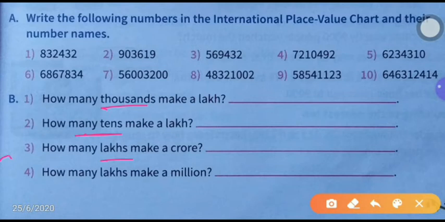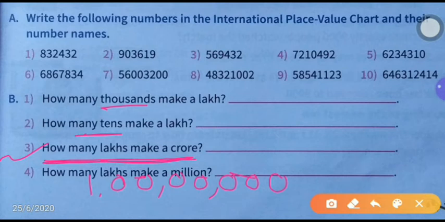Next, see the third one: how many lakhs make a crore? For that we will write 1 crore first. In 1 crore how many zeros are there? Seven zeros. And in 1 lakh how many zeros are there?